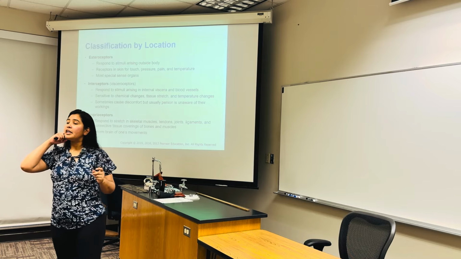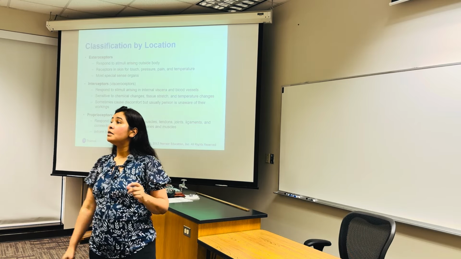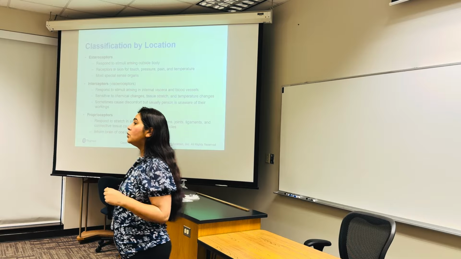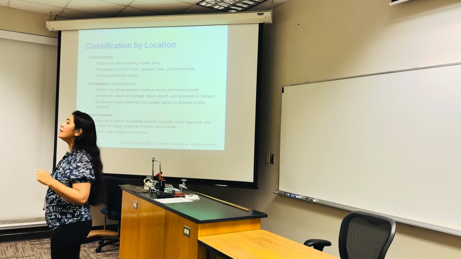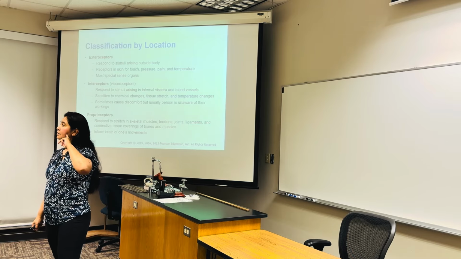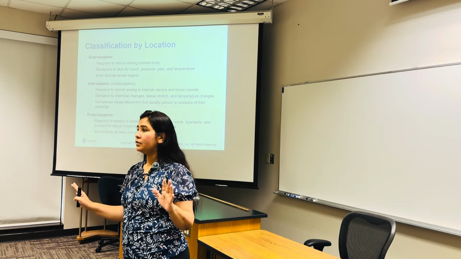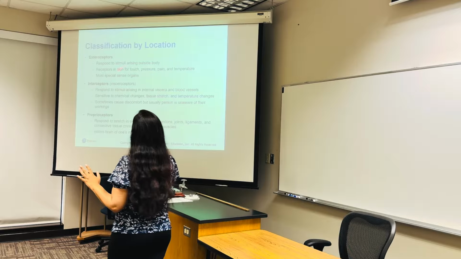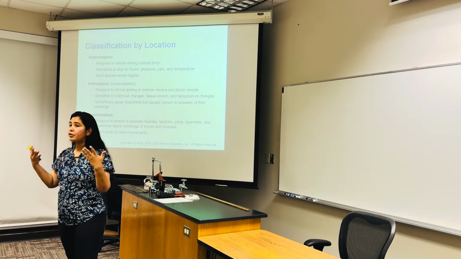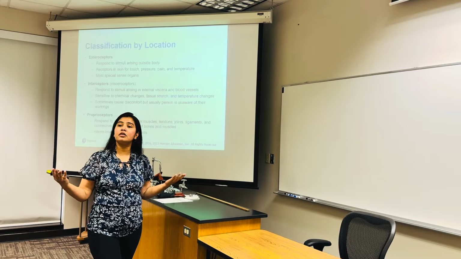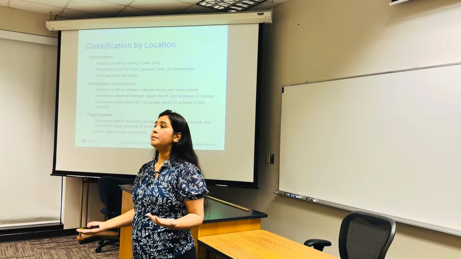For hearing, you have ears. For smelling, you have a nose. For tasting, you have what? Tongue. So you understand what I'm trying to tell you, right? All these are actually outside of your body. That is why these are called the exteroceptors.